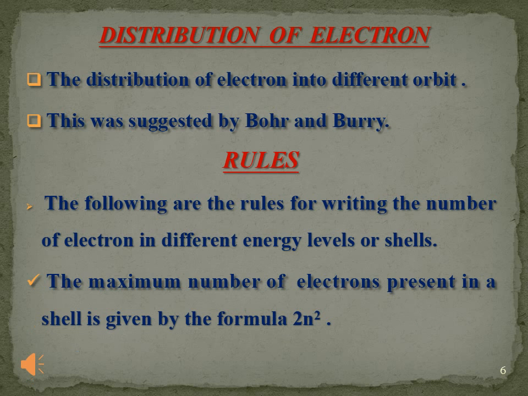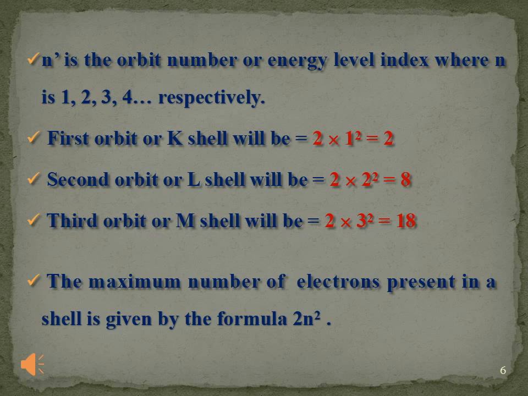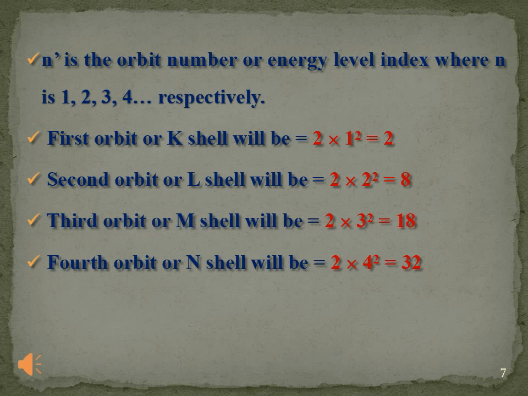So in that, the very first rule is the maximum number of electrons present in a shell is given with the formula 2n square. So students, even in the previous video we have seen that these K, L, M and N shells are equal to n.